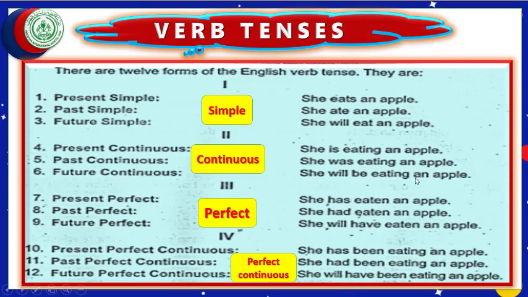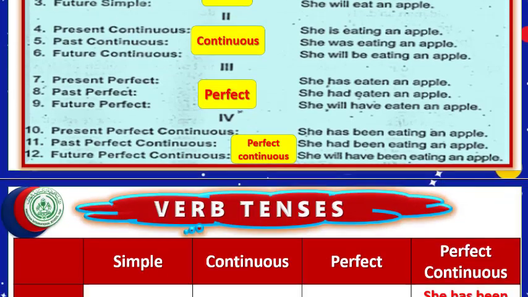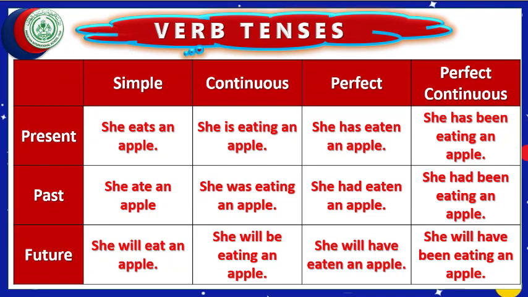The same thing is written in another way on next slide. Let us move to that to understand it more properly. Here you can see the frame is same. Present simple, present continuous, present perfect continuous, and with past also.